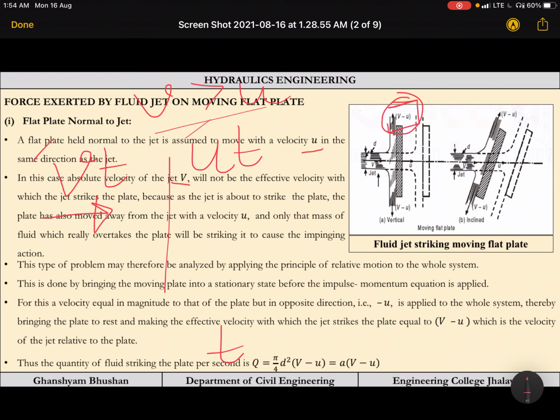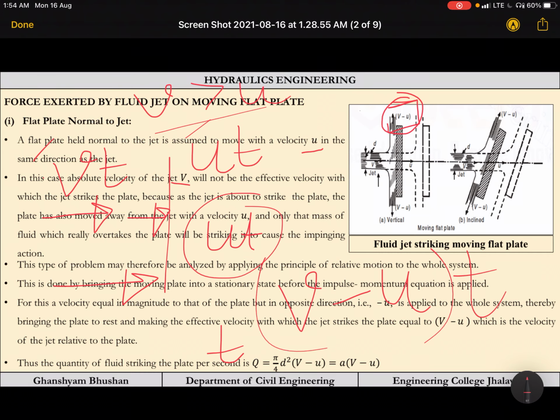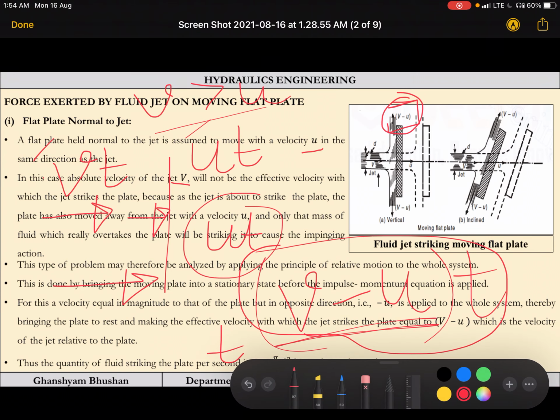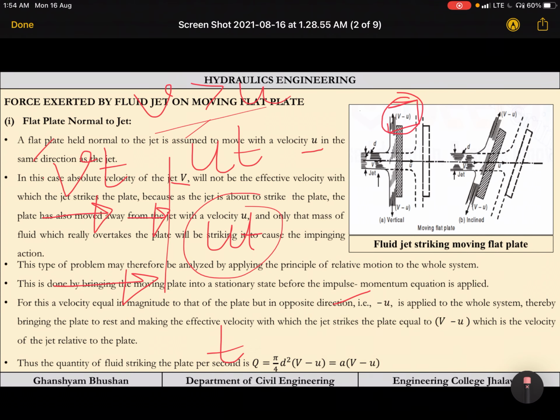So effectively the mass in the V minus u distance is actually striking the plate. So the effective velocity is V minus u. This was the gist of these lines.